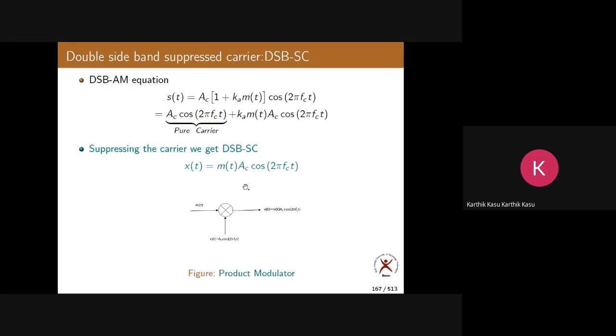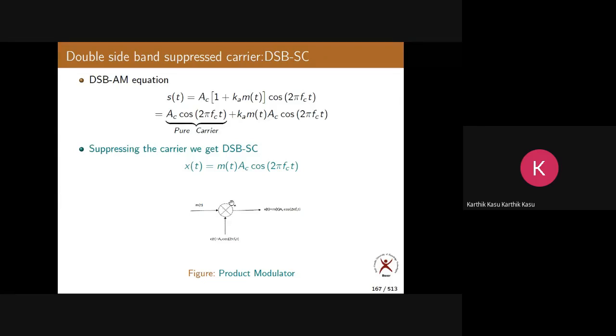So this is a modulation, multiplying the message signal with the carrier. I told you in the first or second class. This is the modulator, called a product modulator, because it is multiplying 2 signals, nothing more than that. It is an analog multiplier, please remember.